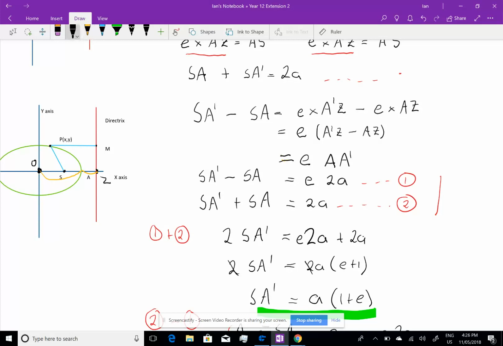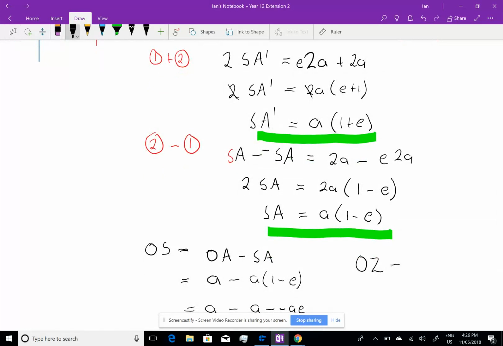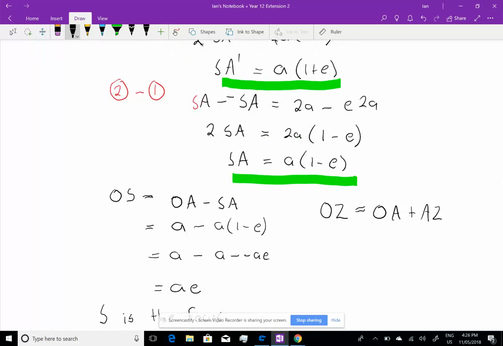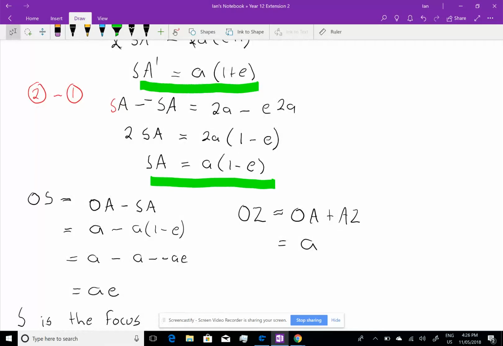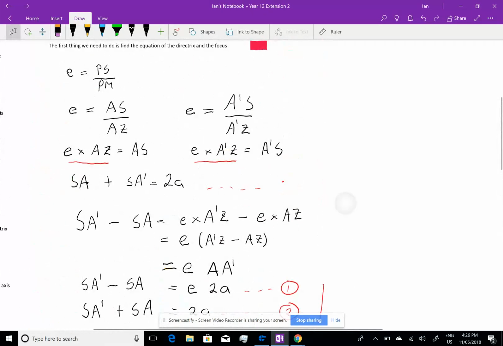That's pretty easy. Now OA, well, that's pretty easy, that's A. And what's AZ? Well, do you remember? Look up here.